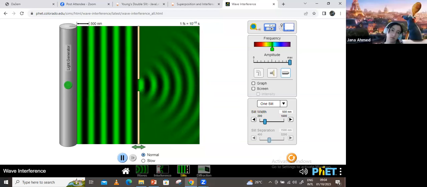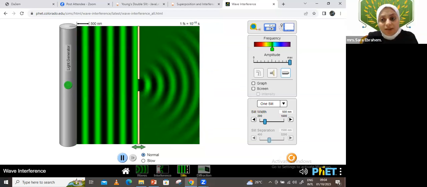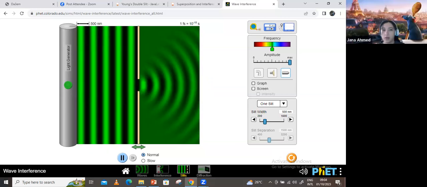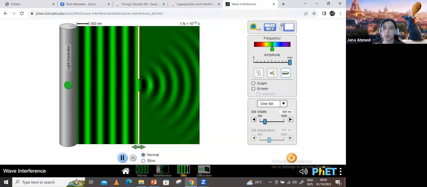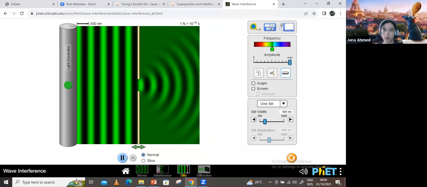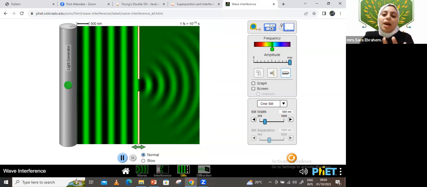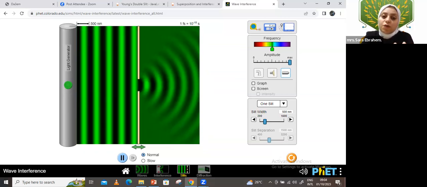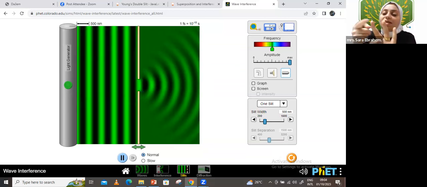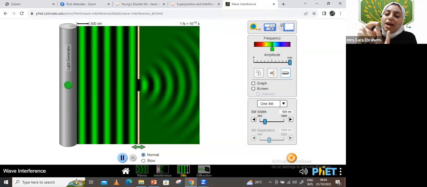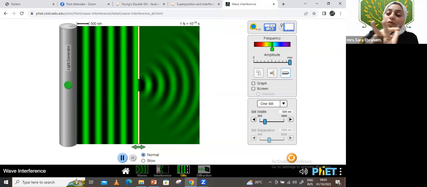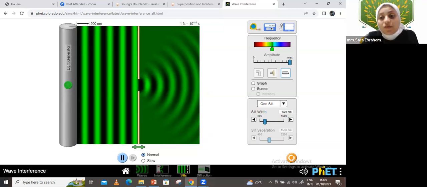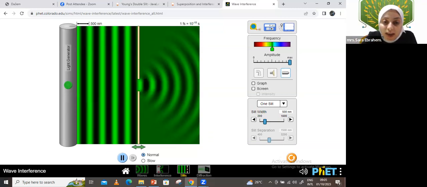What's the meaning of having the same phase? It means they're in the same position, have the same velocity in the same direction. Good. So all points around this curve or wavefront have the same position, direction, velocity, amplitude and frequency.